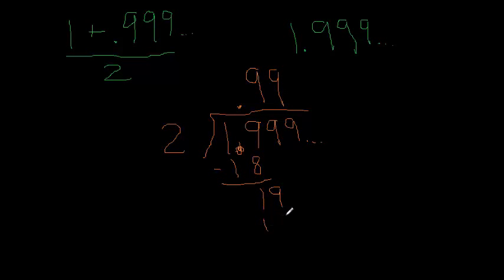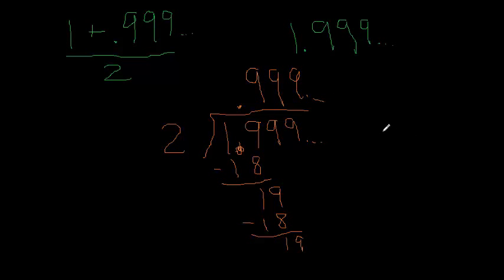You may begin to see a pattern. Subtract, get 1, bring down the 9. We're going to keep getting 19 here. We subtract 18, get 1, bring down the 9, and we're going to keep getting the same thing.